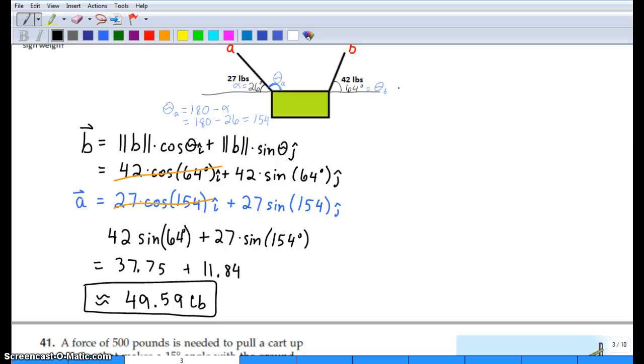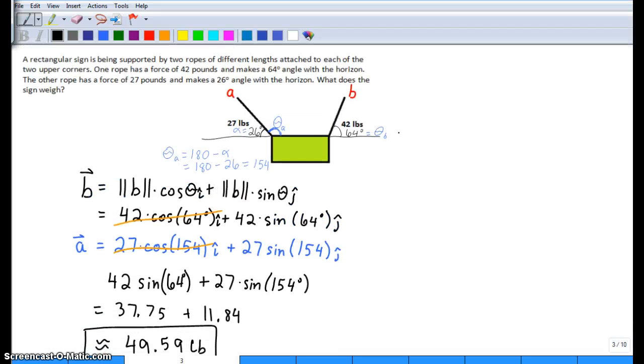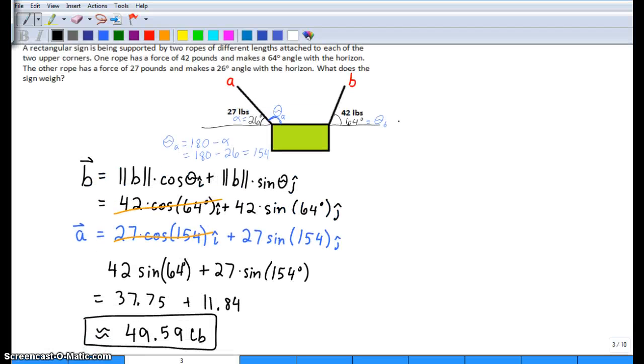The other type of problem you'll see, it'll actually be the take-home problem, you're going to be given the amount of mass, like 800 grams or something. You'll still be given these angles that the cables are at, but what you'll have to do is find the amount of force in each cable.